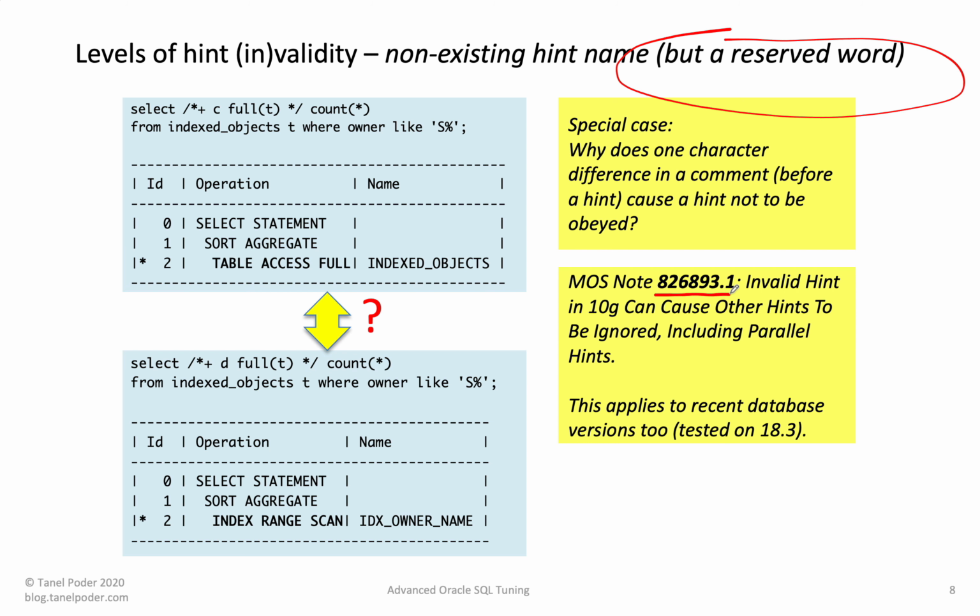Number one reason, or the note you would need to read, is this: an invalid hint that comes before other hints can cause following hints to be ignored.